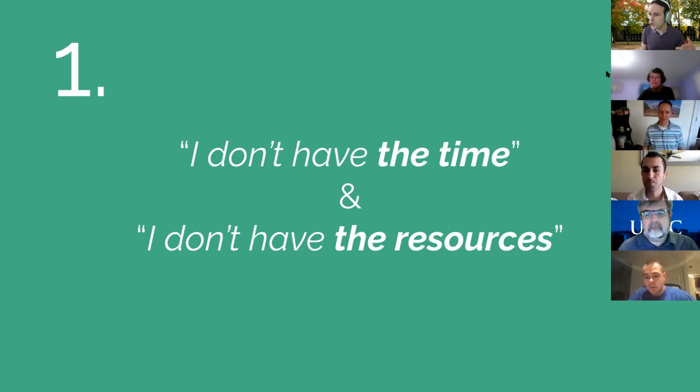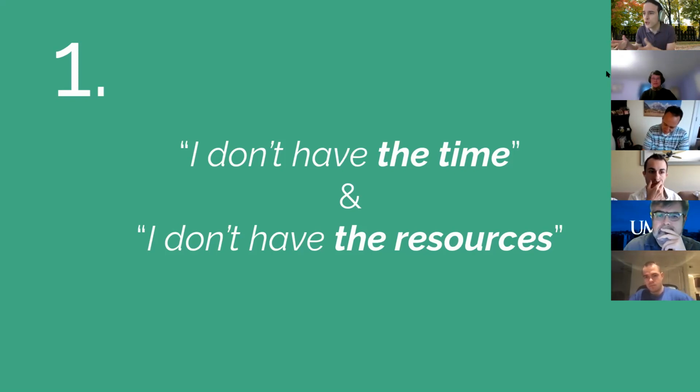And I want to push back against the two most straightforward arguments that I get when I talk about giving code feedback, which is people tell me, I don't have the time. And if they do have the time, they say, I don't have the resources. And I want to show you that even when I had time and resources, I could do a terrible job. And it took shifting our perspective to deliver good work with the time and the resources that we had.